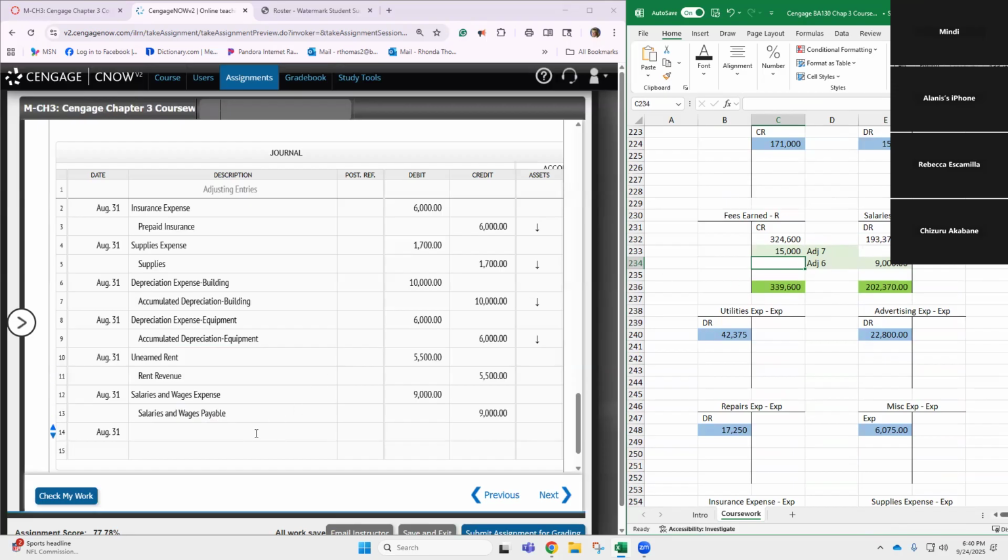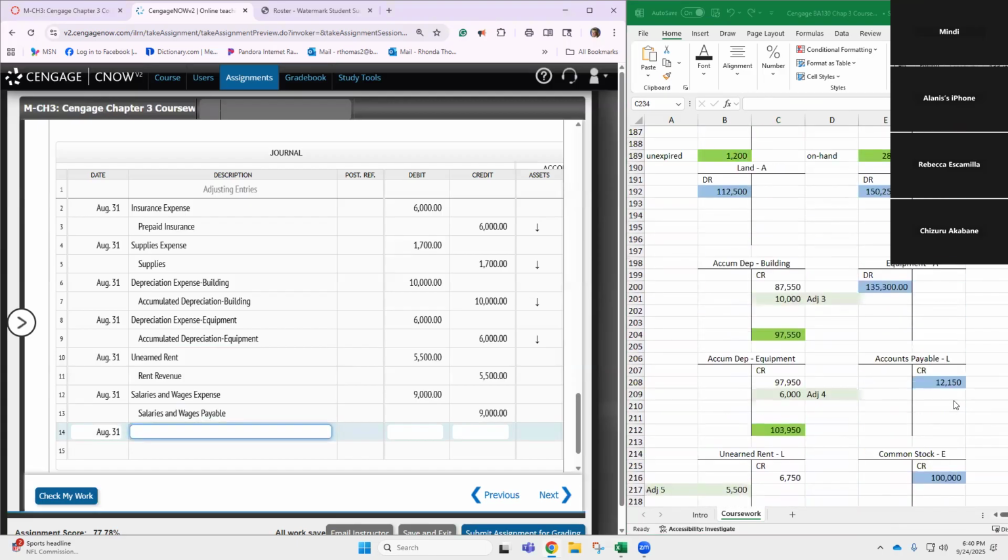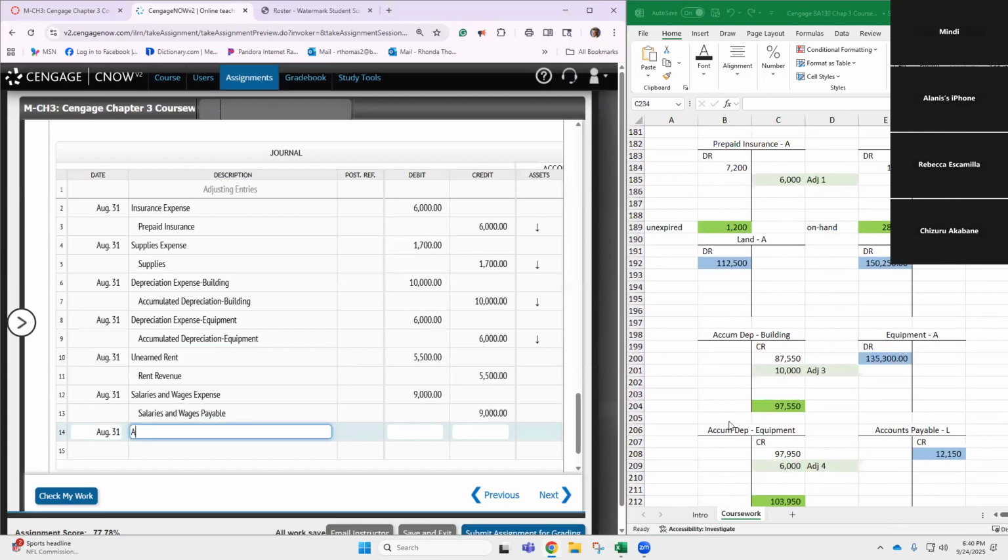Okay, so now let's do our entry one more time. Accounts receivable is what we're debiting when we send out bills to customers. Okay, accounts receivable, 15,000, and fees earned. So that entry from the book is called accrued revenue, fees earned. Okay, let's put that in.